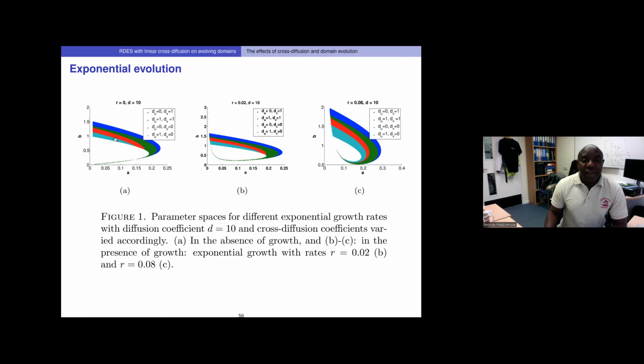The red encodes only the Turing space on stationary domains. The other spaces are due to domain growth and also cross-diffusion. There's no domain growth in the first one, only cross-diffusion. The second one is coupled domain growth plus cross-diffusion. I'm changing the cross-diffusion rates here to exhibit different parameter spaces.